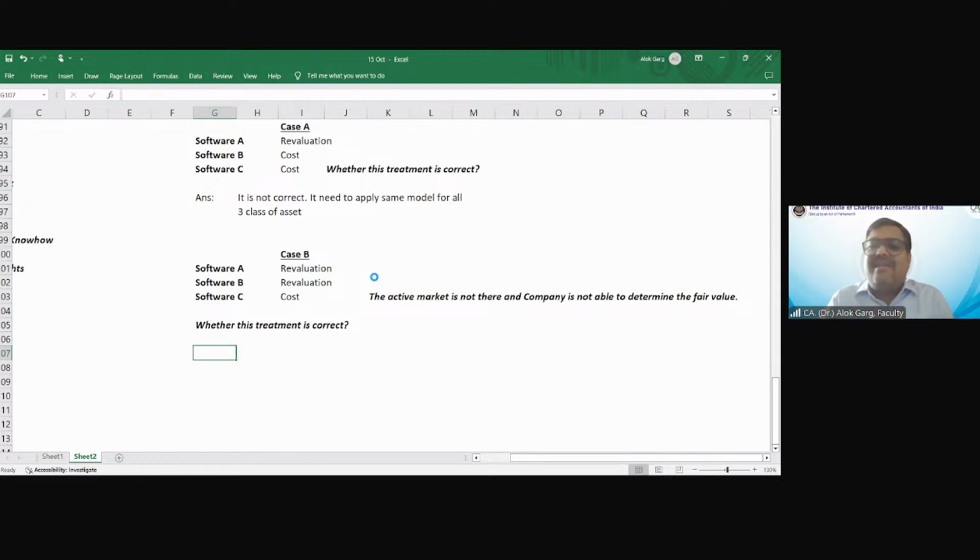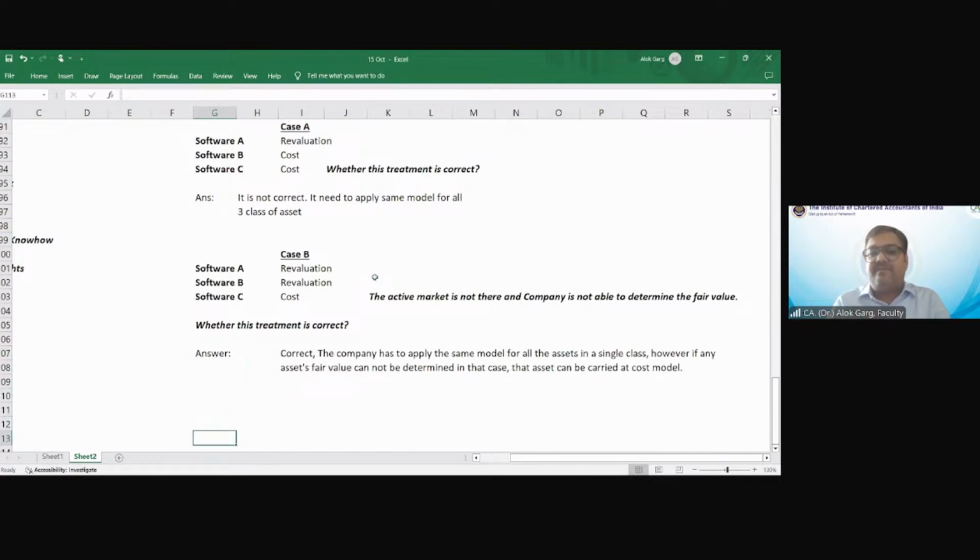In that case, it is allowed to carry that intangible asset at a different model. Answer, correct. The company has to apply the same model for all the assets in a single class. However, if any asset's fair value cannot be determined, that asset can be carried at the cost model. So in this case, it is correct. Understood? This is what is written in the standard for intangible assets.